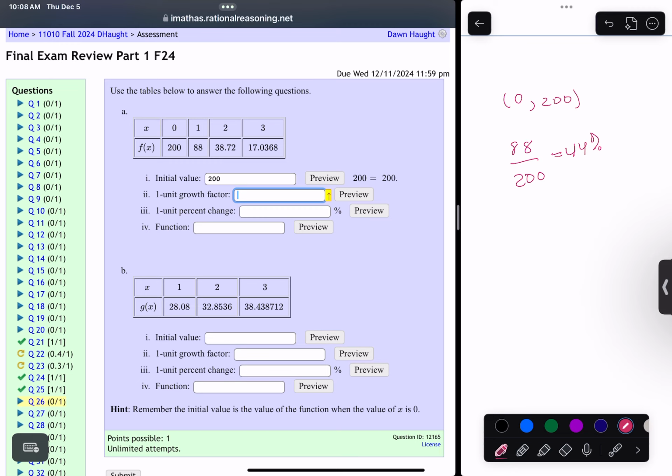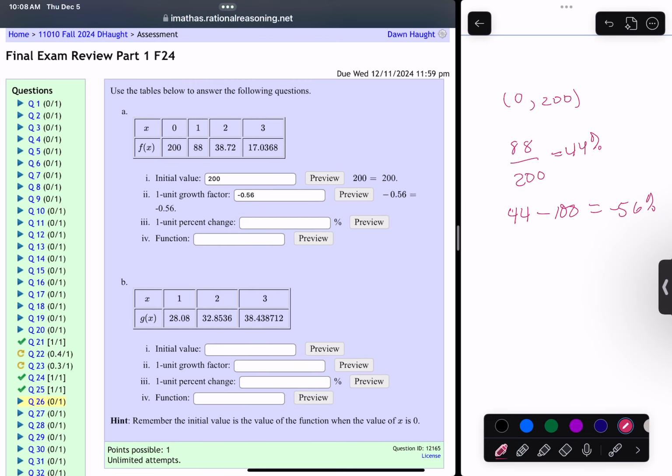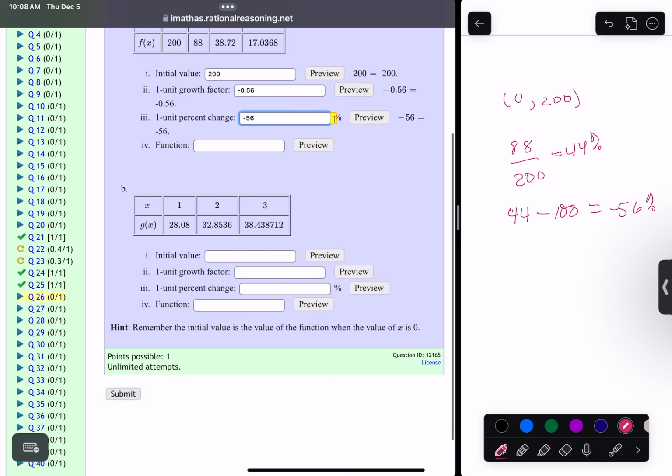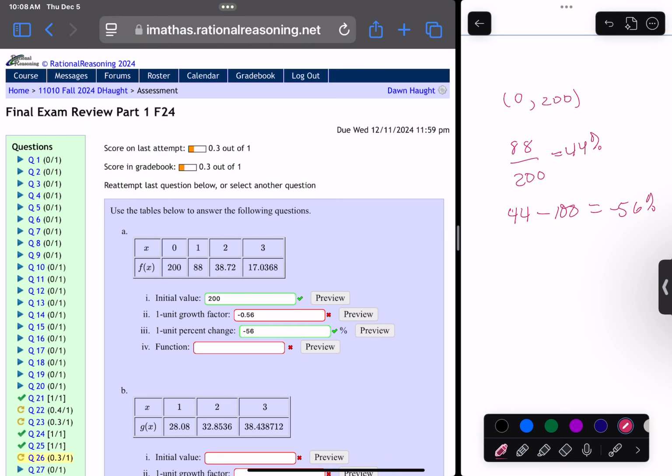So it went from 100% down to 44%, so it went down by 56%. So the unit growth factor would be negative 0.56 or negative 56%. Now, I don't want to do anything further until I've checked that. So here, what do they want? The 1 unit growth factor.